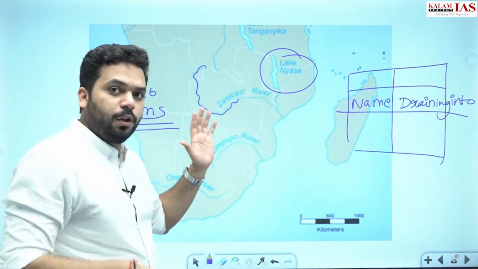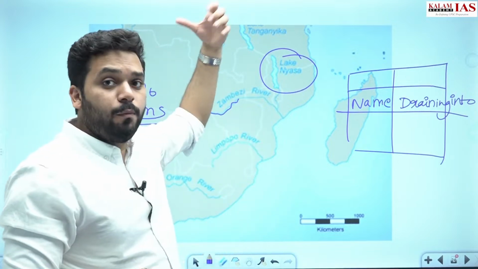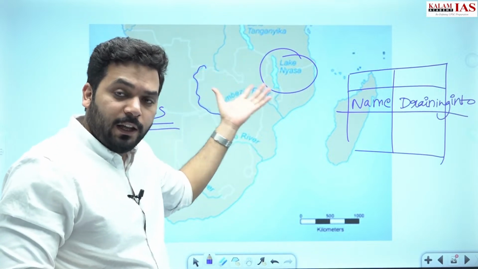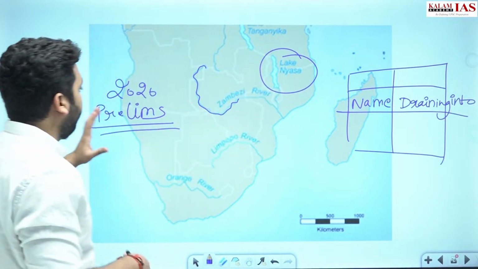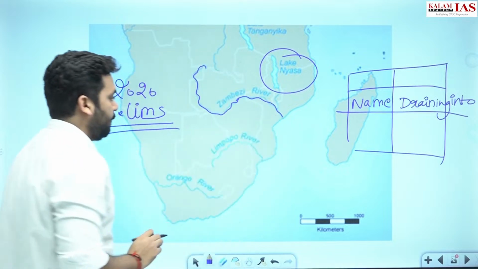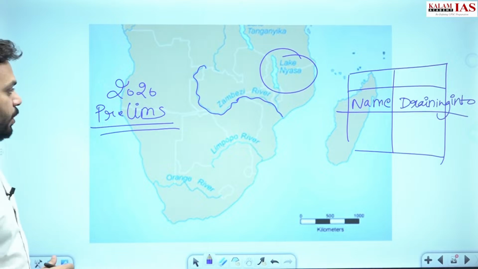So you should focus on the origination point and the place where it is draining into. For example, the Nile was draining into the Mediterranean Sea, Congo into the Atlantic Ocean, and River Niger is also draining into the Atlantic Ocean. The Zambezi river is draining into the Indian Ocean.